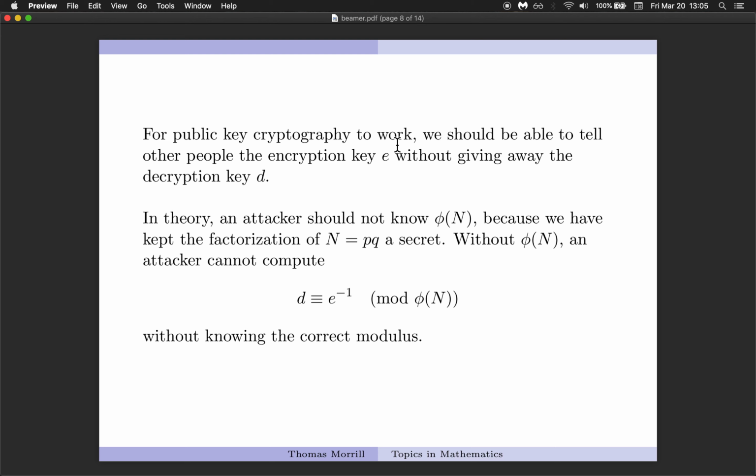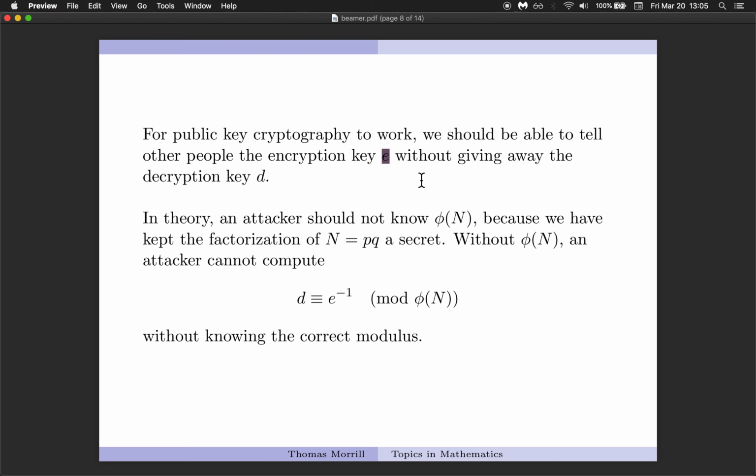Now, this seems like a strange idea that we would be telling other people how to encrypt in our crypto system. And I want to explain why that's something that we can take advantage of, why that's a good idea. But why would this even work?